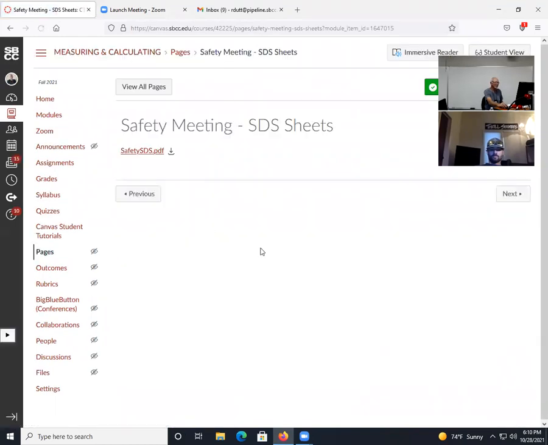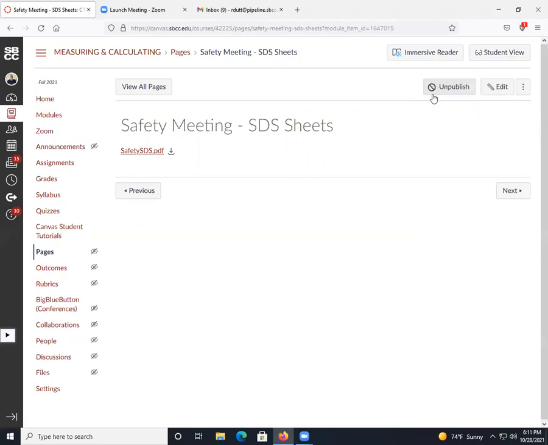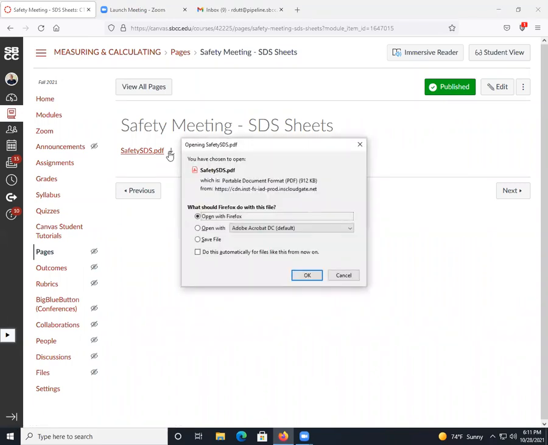We haven't done SDS sheets, have we? Safety data sheets? No. Good. And they used to be called MSDS. Who knows what MSDS means? Manufacturer safety data sheets. Now they're just called safety data sheets.